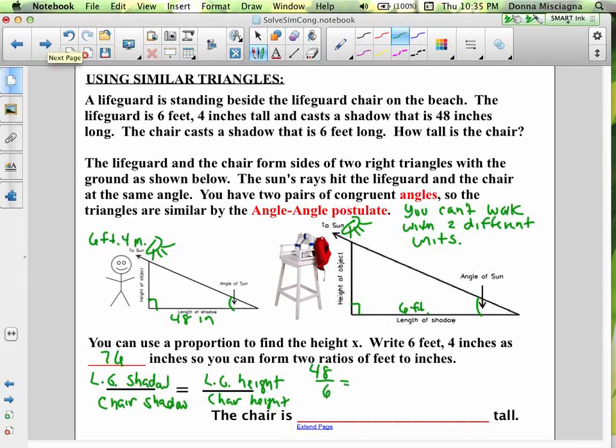The lifeguard height is 76. He's not 100. Did he grow? And the chair height is what we're solving for. Now, if we've done this correctly, all right, feet's in the denominator. So whatever we get, it's feet. We can reduce here.